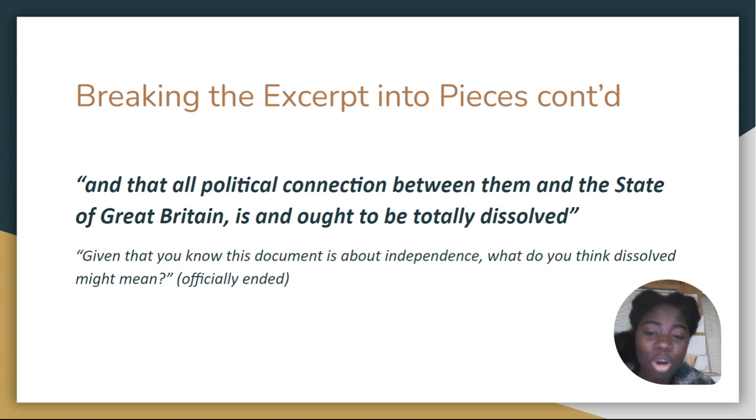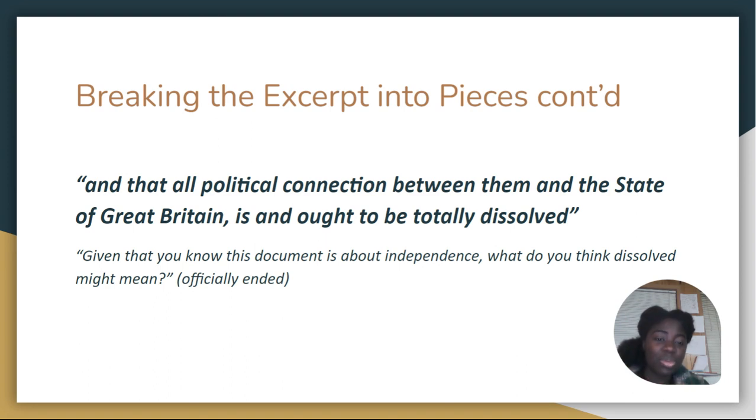"And that all political connection between them and the state of Great Britain is and ought to be totally dissolved." Okay, so given that this document is about independence, what do you think dissolved might mean? We're not talking about dissolved when you take sugar and mix it in water, right? That's a different context.